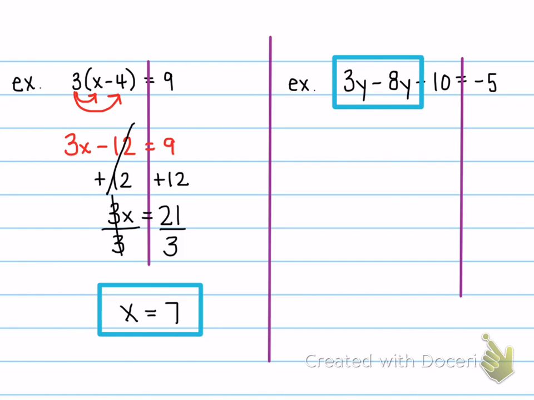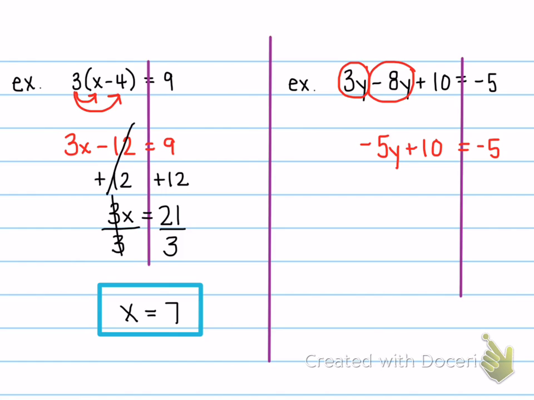I have a 3y and a negative 8y. So I'm going to start by combining 3y and negative 8y to give me negative 5y. And then this 10 cannot be combined because it is not a like term, it doesn't have a y, equals negative 5.